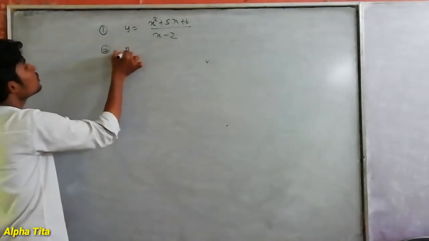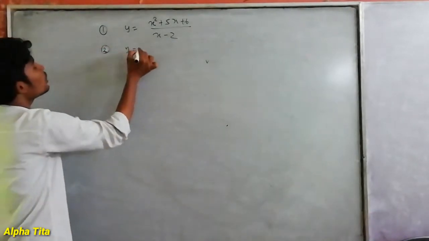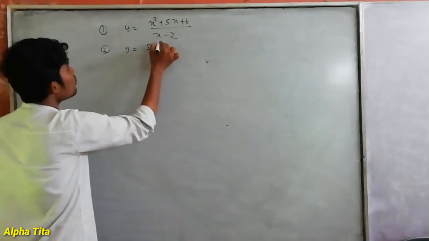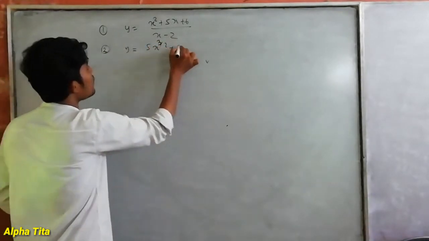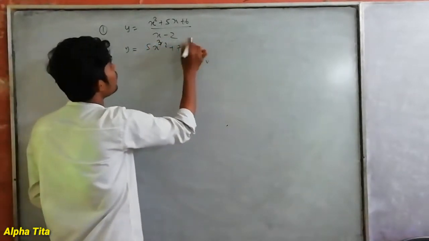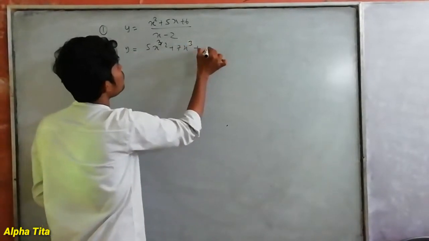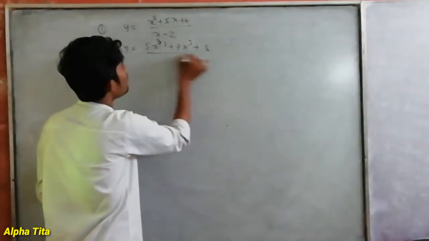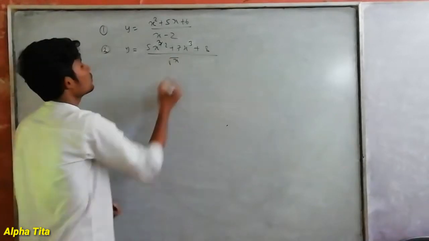Second question is if y equals 5x to the power 3 by 2 plus 7x cube plus 8 divided by root x.